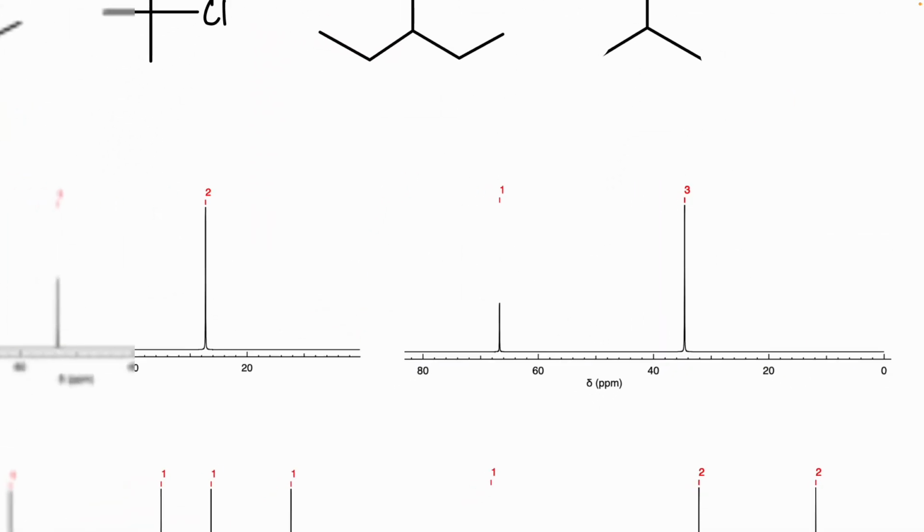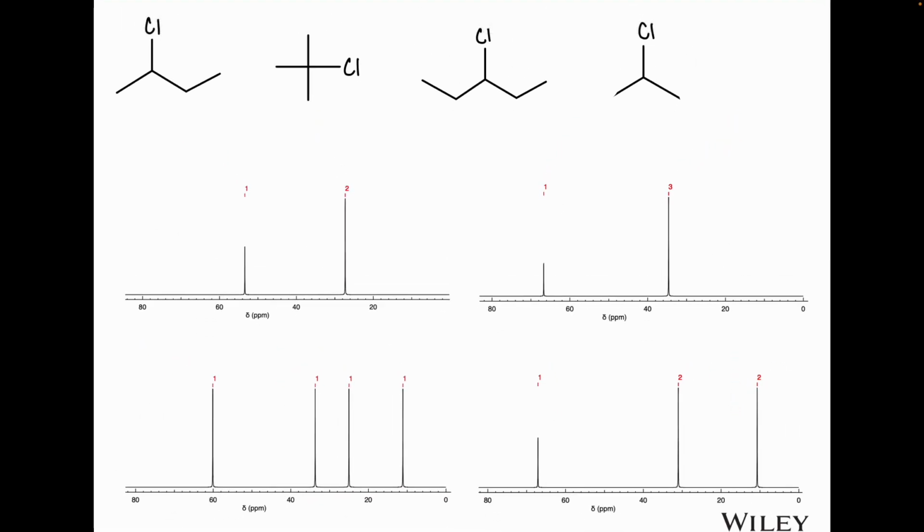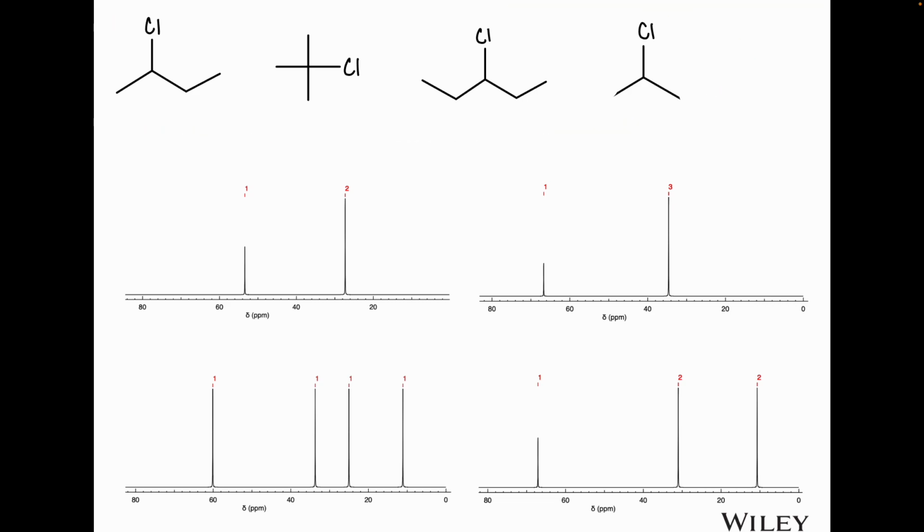The other thing we can make note of is those integration values. So everybody take a second and copy these structures down, and then I'll zoom in a little bit more on our spectra so you can see them easier. Our goal here: spectra A, B, C, D, assign them to one of these 4 alkyl halides.